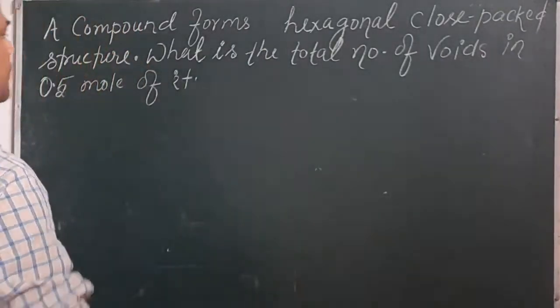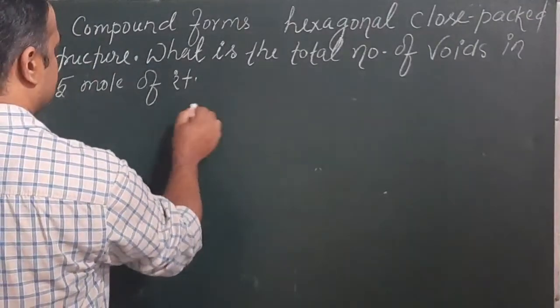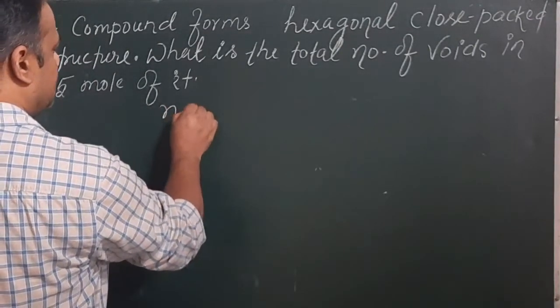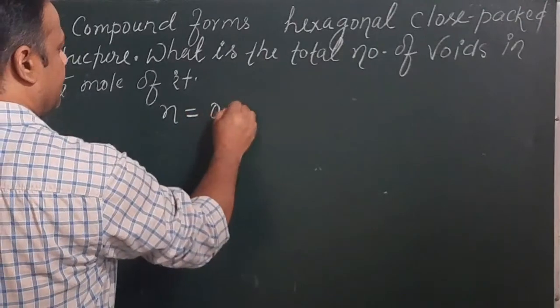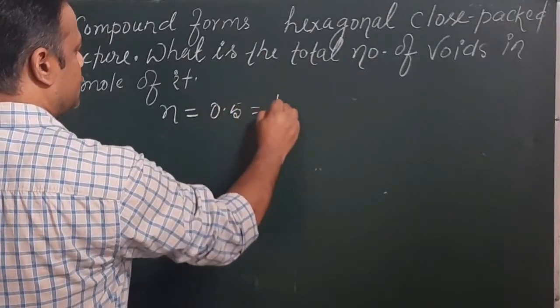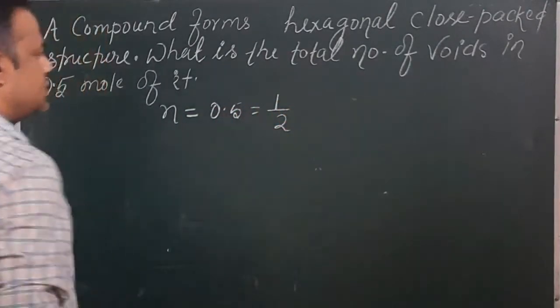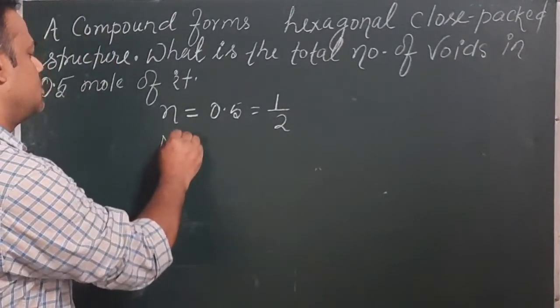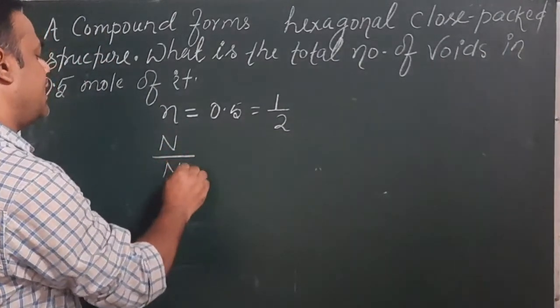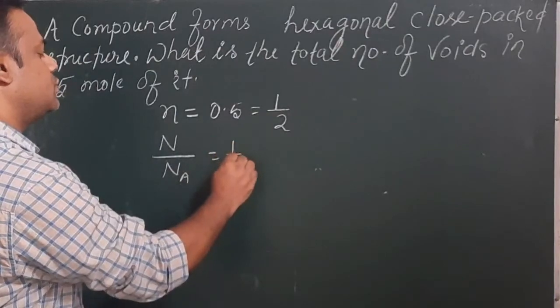So if there is 0.5 mole of compound, we have the number of moles equal to 0.5, that is 1 by 2, and we know that n is equal to N divided by Na, which is 1 by 2.